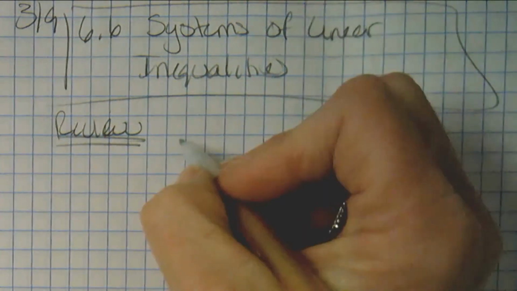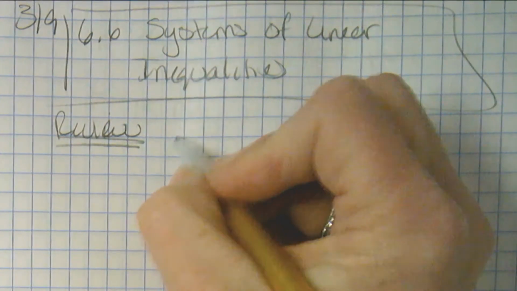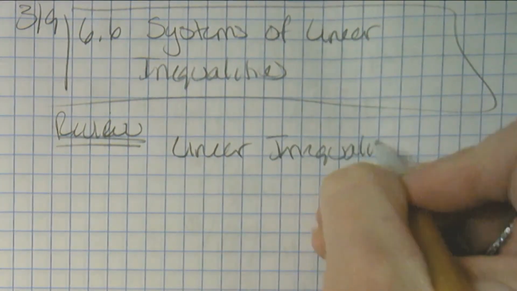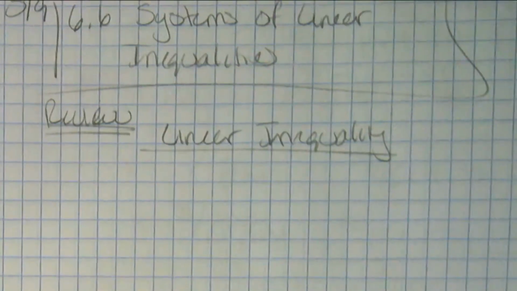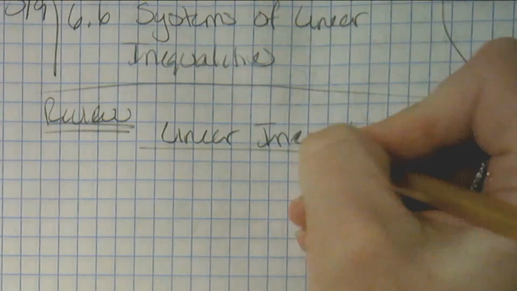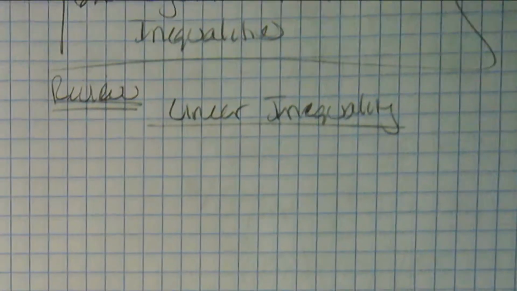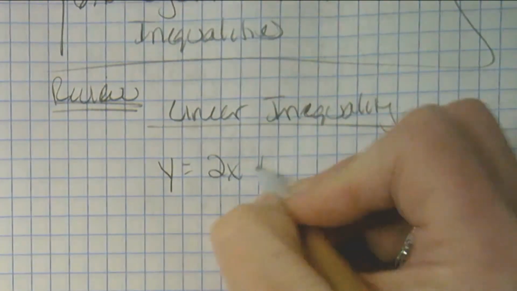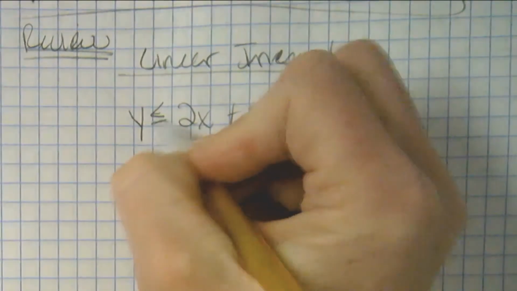So let's talk about a linear inequality. That might be something like y equals 2x plus 5. Oopsie, y is less than or equal to 2x plus 5.